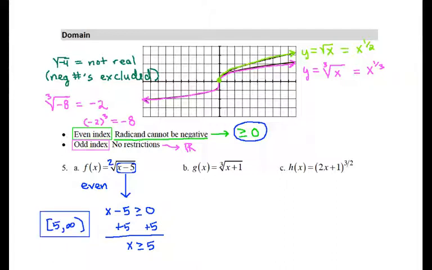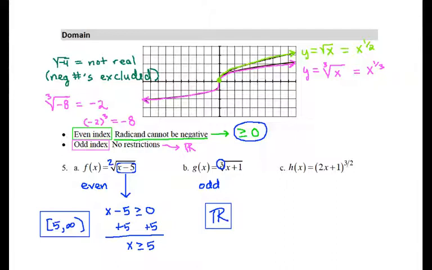Looking next at the function g of x, we first identify that it has an odd index. Because it has an odd index, no restrictions are brought in by the radical, and x plus 1 has no restrictions on the domain either, and therefore we would immediately jump to the conclusion that this domain is all real numbers. Looking at the graph of the cube root that we have above, we can see that that looks consistent, right?